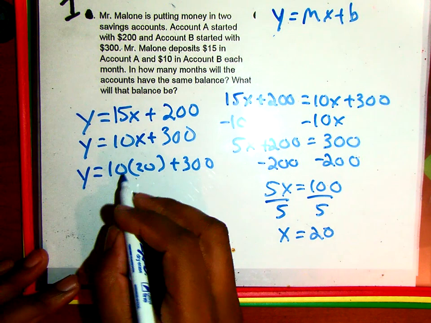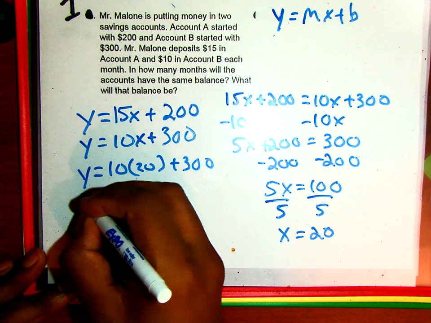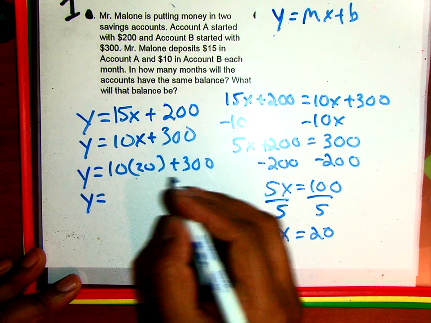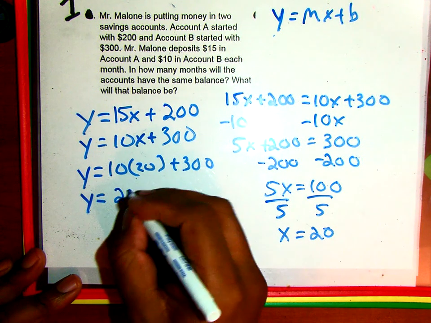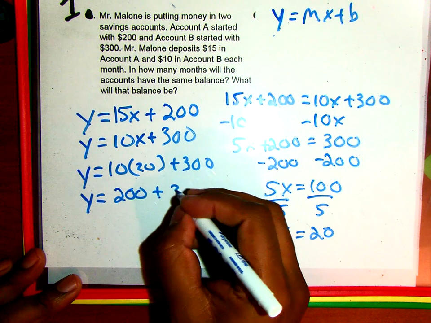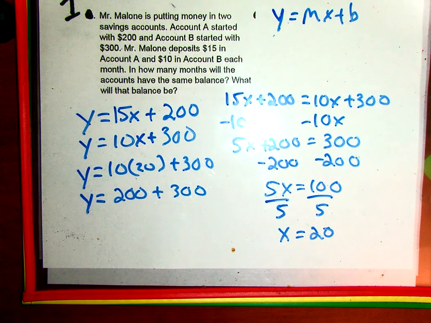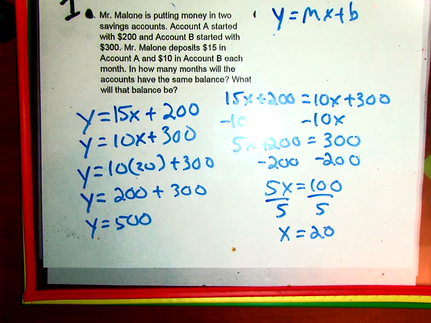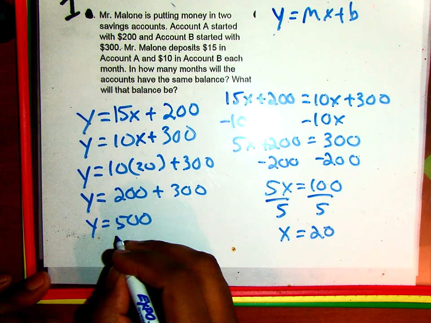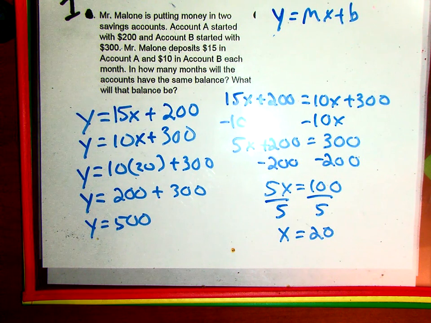All right, and then 10 times 20 is 200, so y would be equal to 500. So in 20 months, the balance in both accounts would be $500.